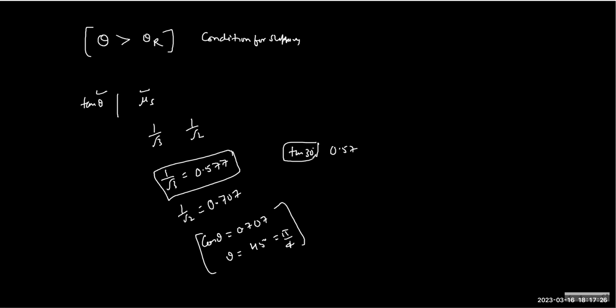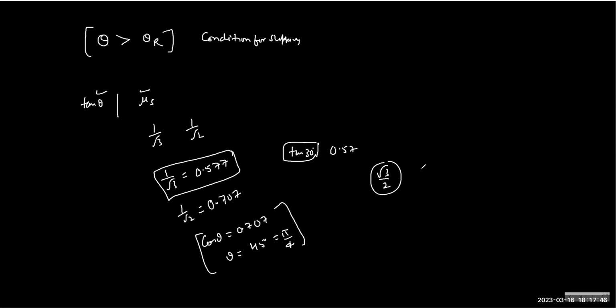If I need some angle, then I have to look for the nearest value. And that's why I say always remember some typical values, like one should know the √3/2 value. How much is this? √3/2? 0.86, right? 0.866.